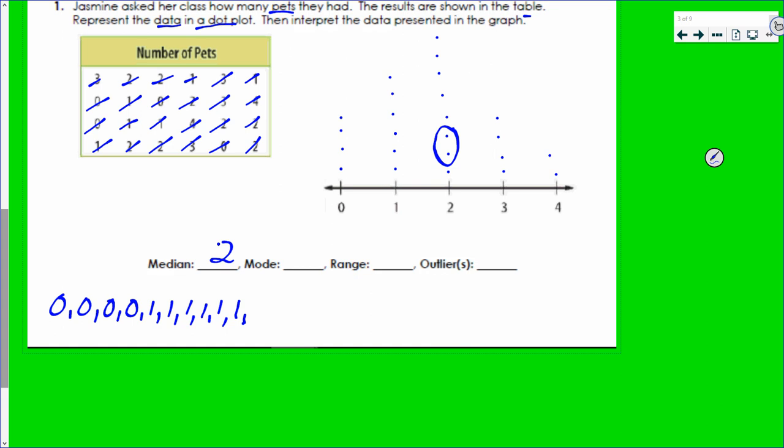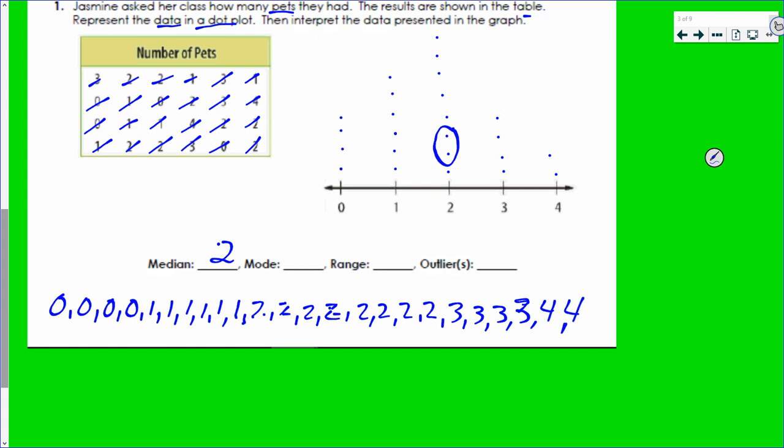How many 2s? 2, 4, 6, 8. 1, 2, 3, 4, 5, 6, 7, 8. I've got 4 3s. 1, 2, 3, 4, and I have 2 4s. So my data set, if I write it out, that's what it looks like.